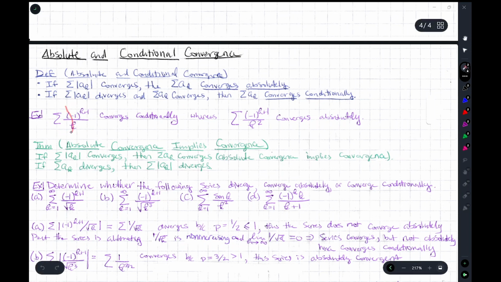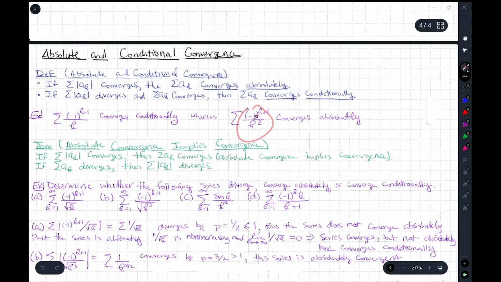If we take the absolute value, we'll just get 1 over k, and we know that 1 over k, the harmonic series, diverges. And so, on the other hand, the alternating harmonic series converges. And so we say then that the alternating harmonic series converges conditionally.